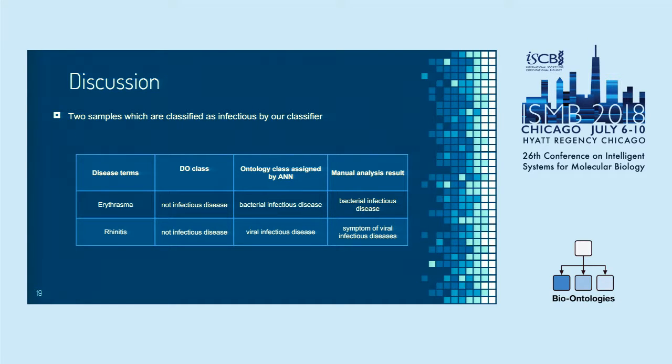For example, we have a disease term, erythrasma, that the disease ontology says is an anatomical disease, not an infectious one, but our neural network classifies it as bacterial. With a manual analysis, we discovered it could be added as a bacterial infectious disease in the ontology, beside its anatomical class.